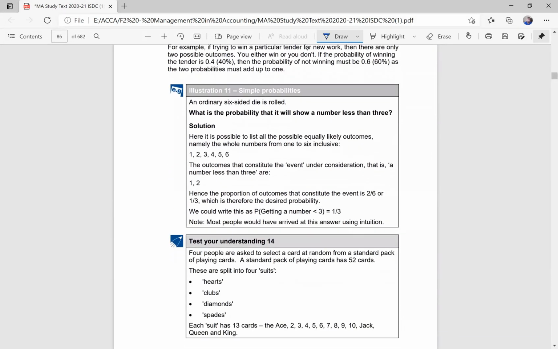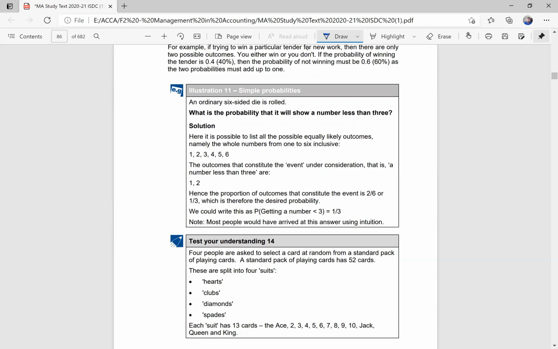So over here it says that an ordinary six-sided die is rolled. You know that a six-sided die has six numbers on it. It asks what is the probability that it will show a number less than 3. So for a number less than 3, there are only two chances, right?